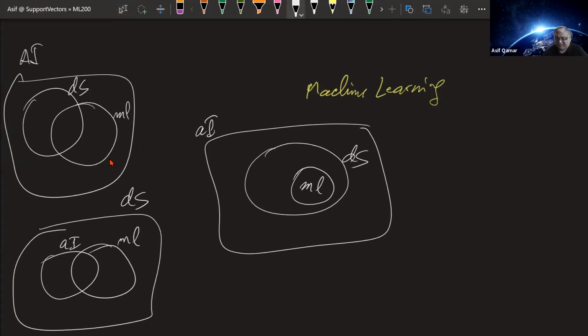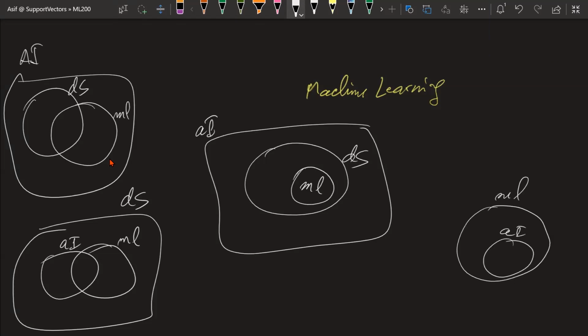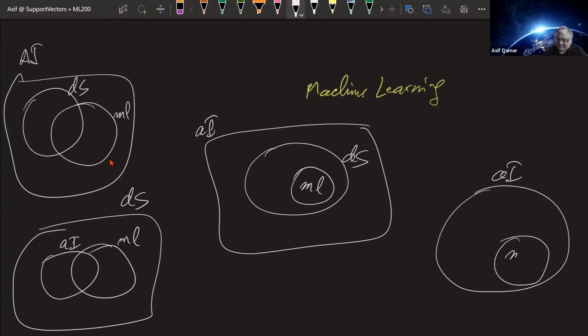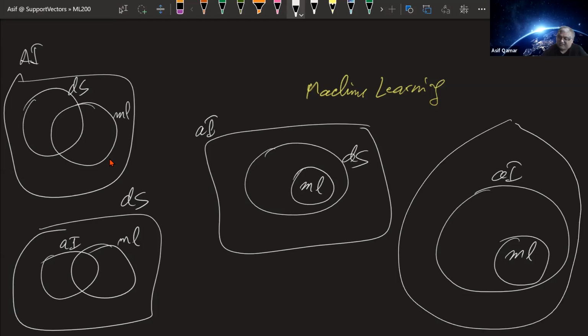So how would you draw the box? Machine learning is just a small subset within artificial intelligence, and then the data science encompasses all of that. This is interesting. This in itself is a good possibility.